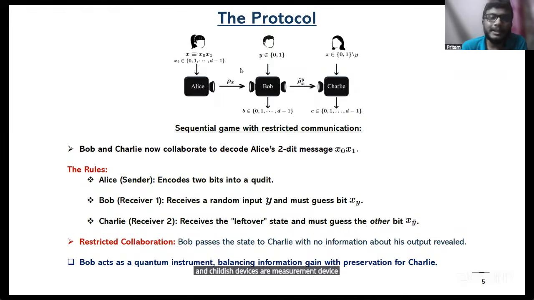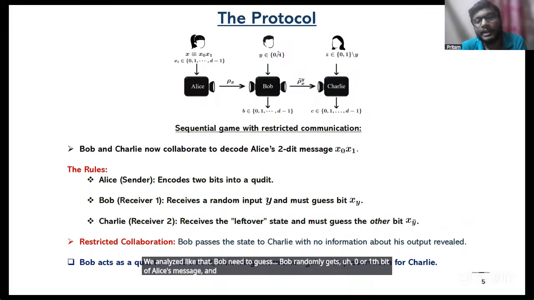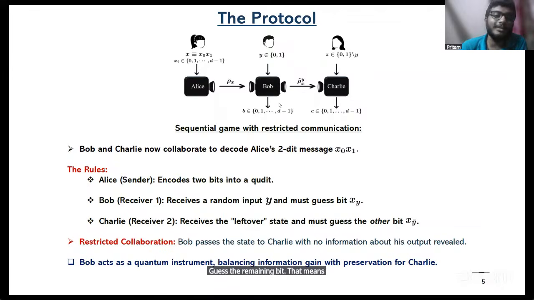So in this game, we analyze it like this. Bob randomly guesses the 0th or 1st bit of Alice's message, and this y can be chosen from 0 and 1 randomly, but Charlie guesses the remaining bit. That means if Bob guesses x0, then Charlie's task is to guess x1.